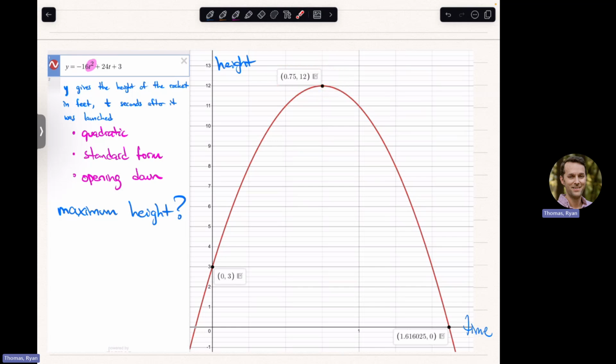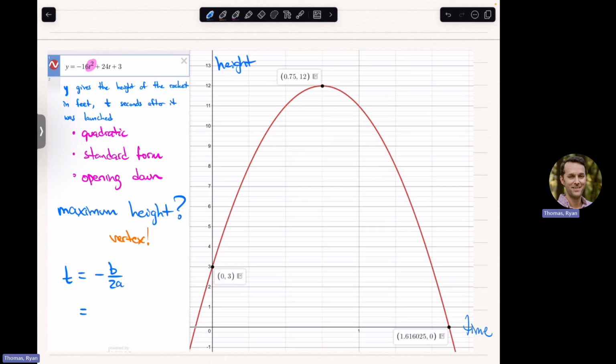Or what we're looking for is the vertex. The thing's opening down, so that maximum occurs at the point where it changes direction, which again is the vertex. Since this is in standard form, to find the vertex, I can use that negative b over 2a thing.